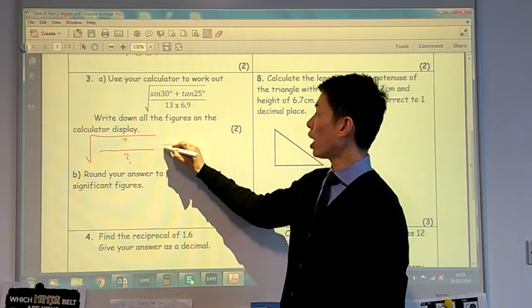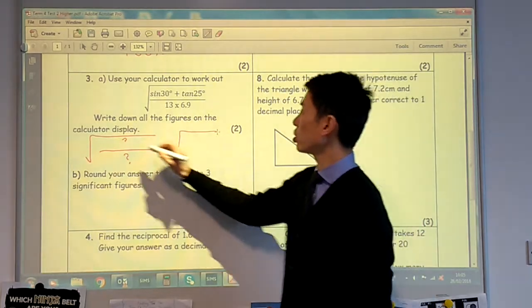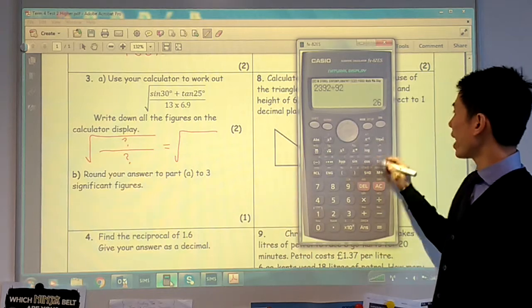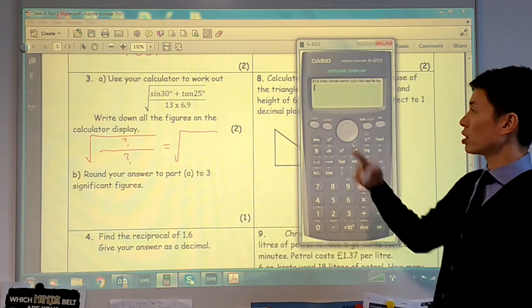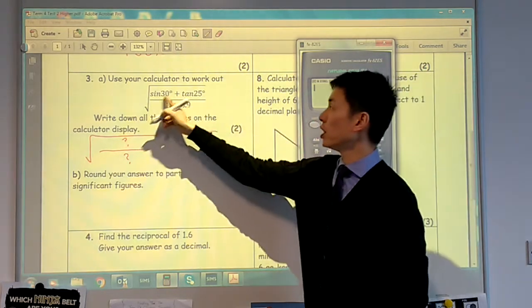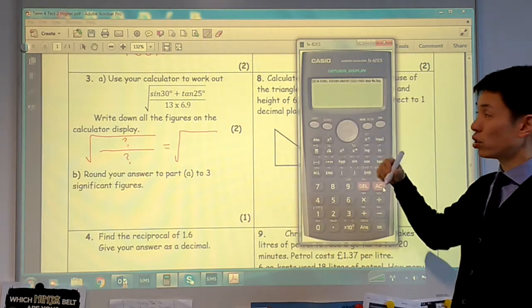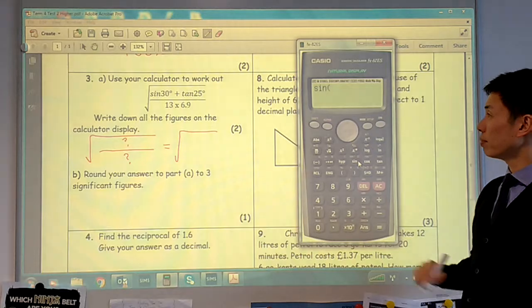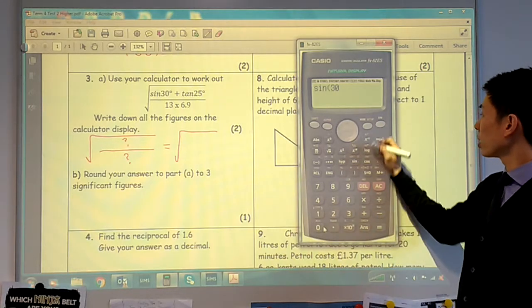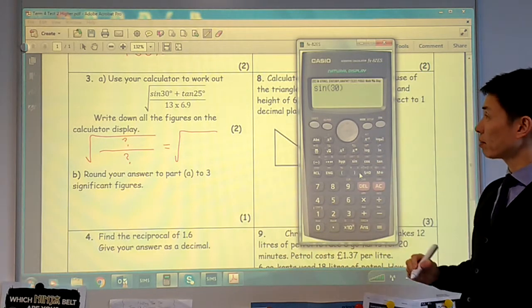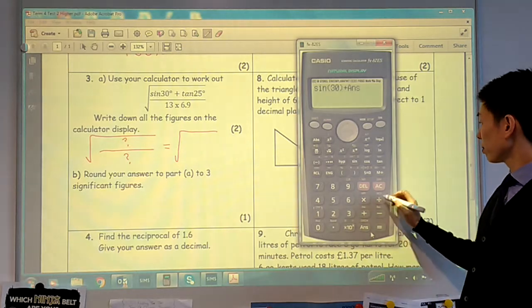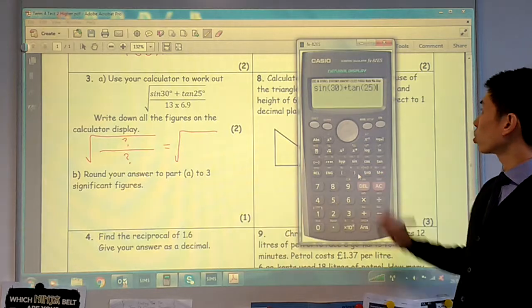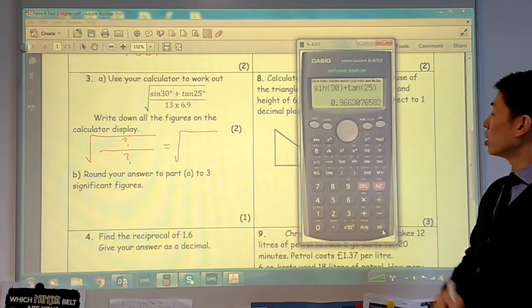So what I would do is put on the calculator: sin 30 degrees, make sure you close bracket, and then plus tan 25, close bracket, press equal, and you get that.